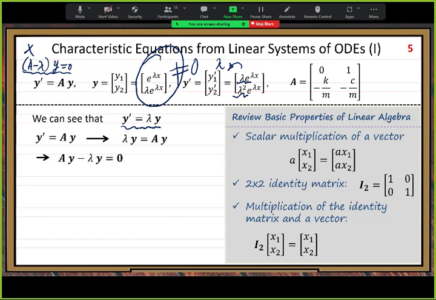Not compatible, right? When you do matrix subtraction, you have to use two matrices of exactly the same size. Then you can do subtraction. If two matrices are in different sizes, how can you do subtraction? You cannot.